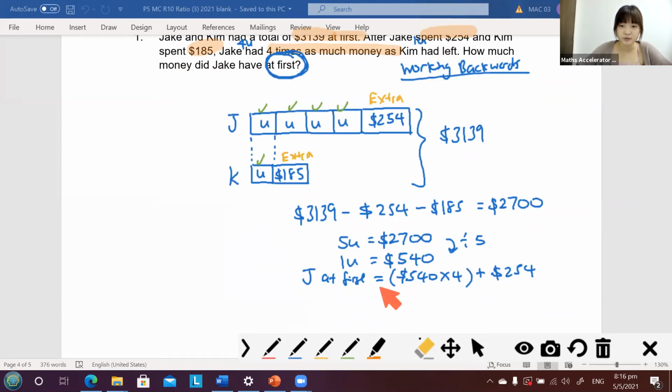What would it be? Okay, thank you. 2,414, yes. Okay, so that's your answer. So you work backwards. You start off with the 4 times as much, add back whatever was spent, remove the extra, and look for 1 unit.